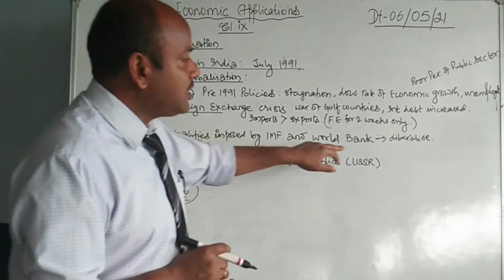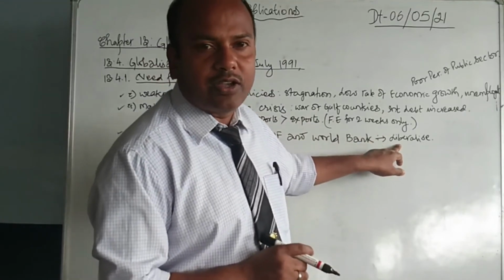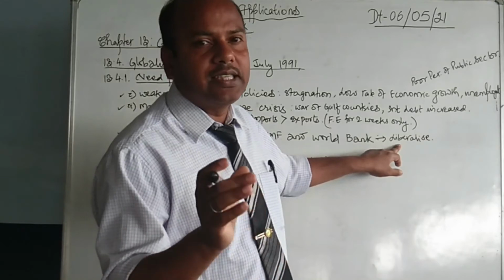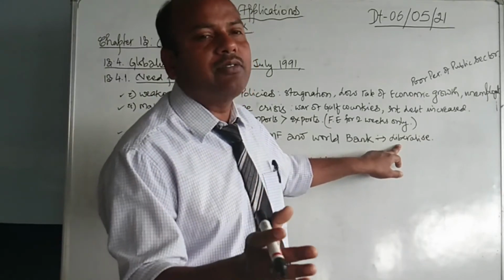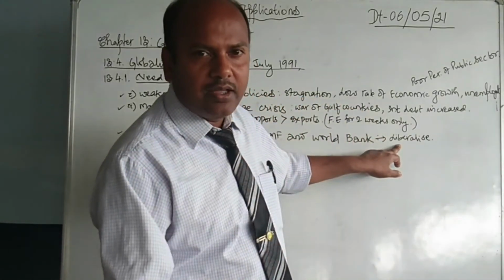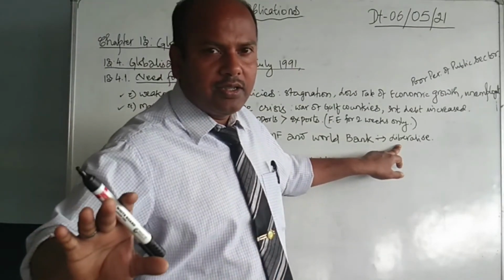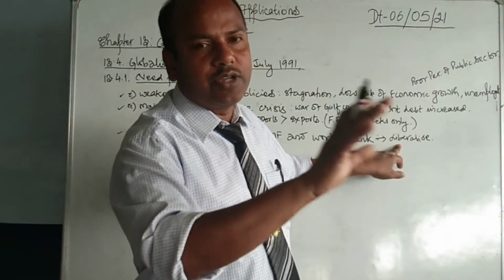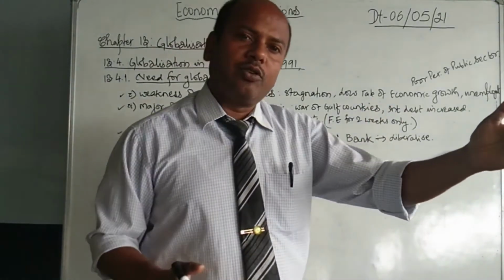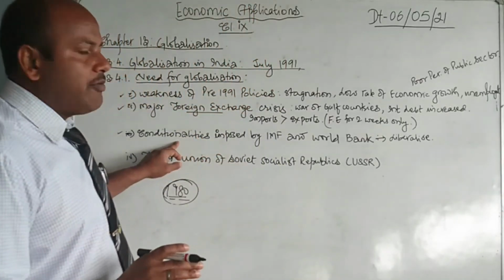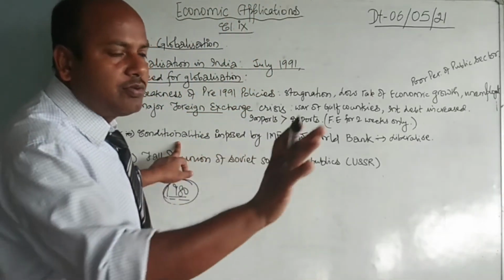And the condition was this, that we should liberalize our economy. We should correct or modify licensing policy. We should allow the foreign companies to come in India and operate. We should open our market to international countries, to other countries. So MNCs were allowed. Following this condition, we were pushed to the wall.